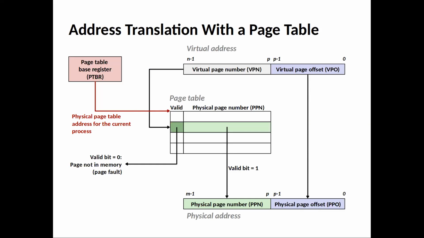In a 32-bit processor, assuming 4 kilobyte pages of 2 to the power of 12, the physical page number is a 20-bit number, since 32 minus 12 is 20. So we use 20 bits for the physical page number, and 12 bits for permission bits or whatever other bits we have.